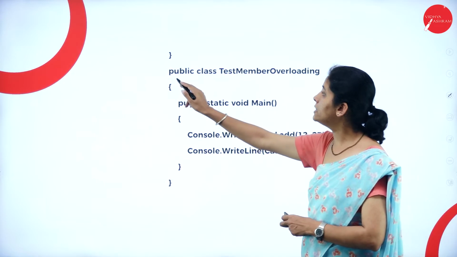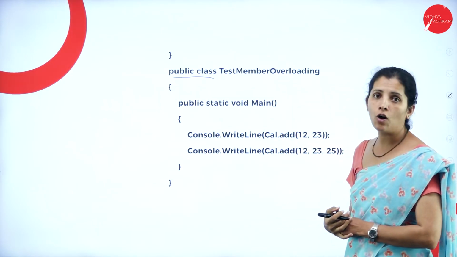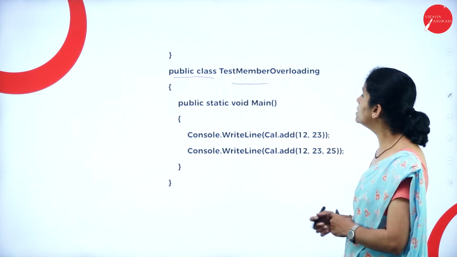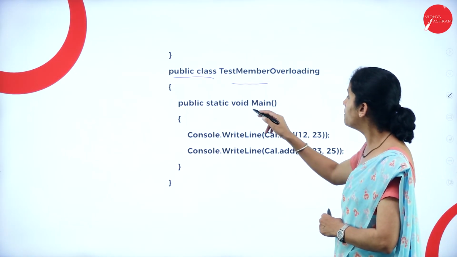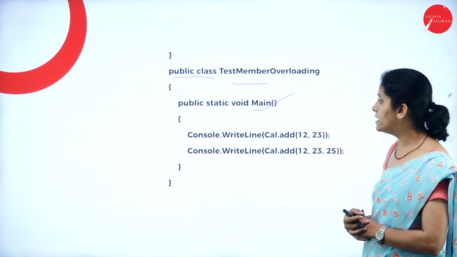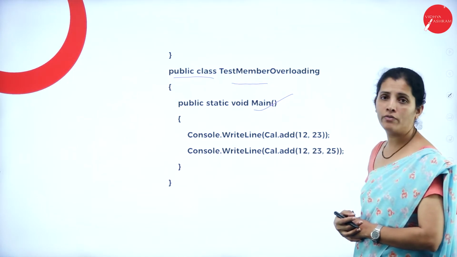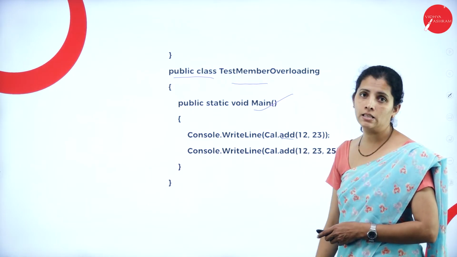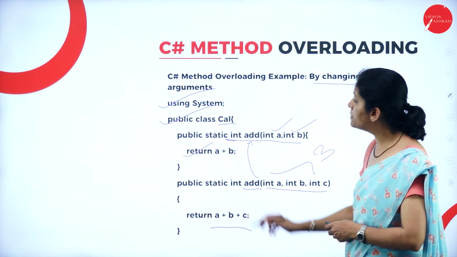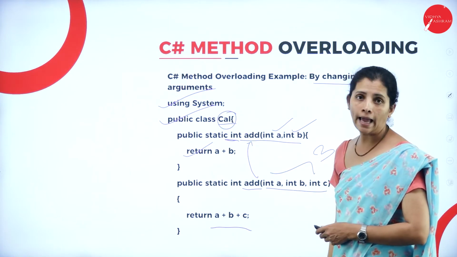After that, I'm going to create the class called test method overloading. In that, I'm going to create the main function, and with the help of the class name, I'm going to call the method. What is my class name here? It is cal.